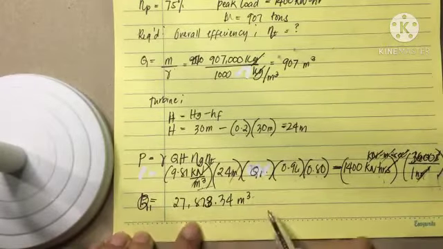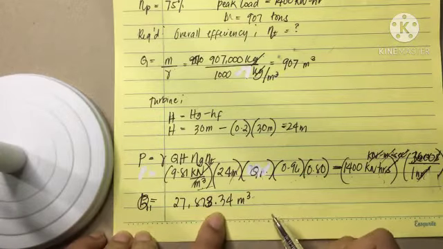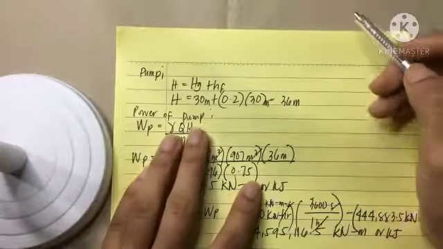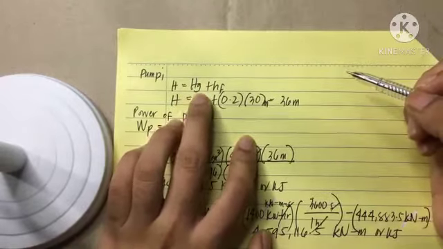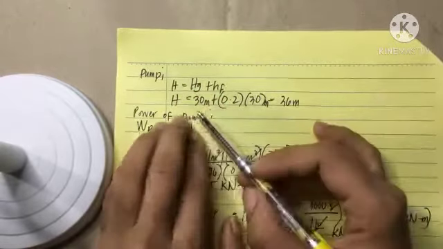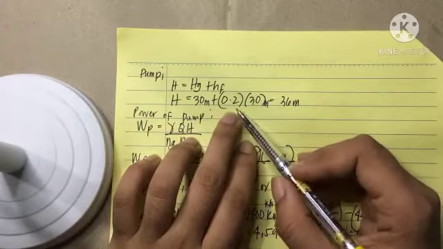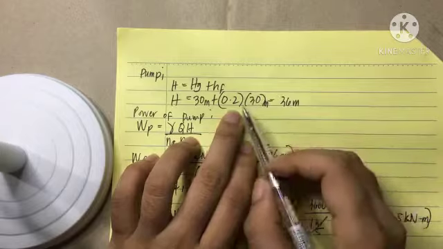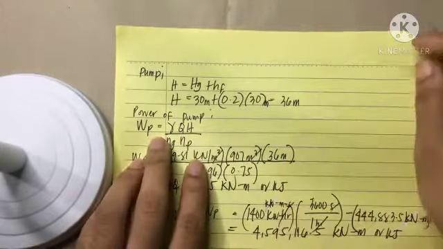So it gives us an answer of 27,873.34 meter cube. So for the pump, solving for the head, we have gross head plus your friction head. So your head is equal to 30 meters plus your friction head loss, which is 0.2 times 30 meters, equal to 36 meters.